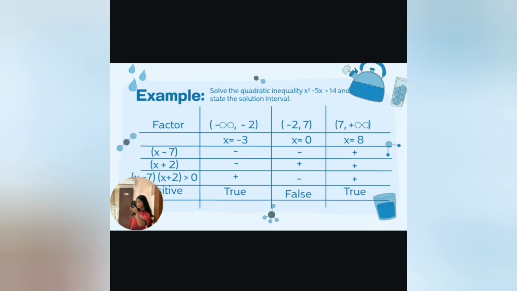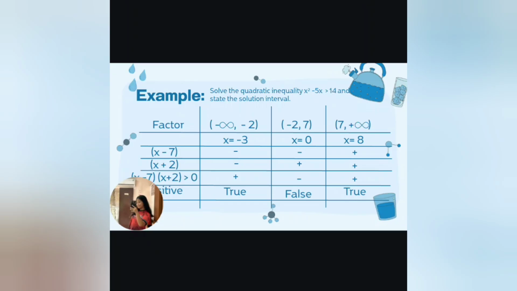So 8 plus negative 7 gives us positive 1, and 8 plus positive 2 gives us positive 10. Since positive times positive is positive, the answer is true.